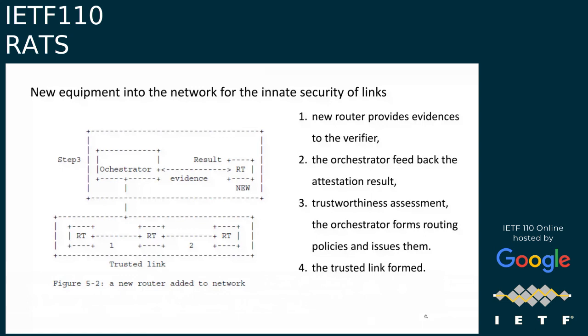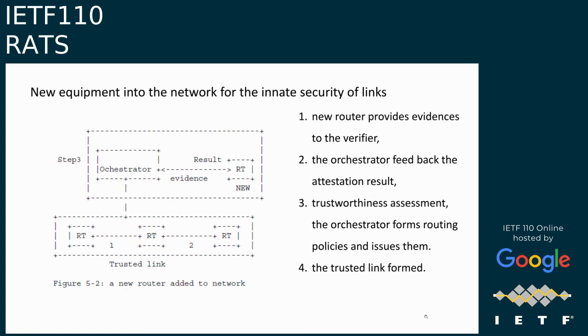For trusted link issues, we considered two specific scenarios. The first is adding a new router to the network and how to form a trusted link, with 4 steps. The first step is that the new router provides evidence to the verifier. Maybe the orchestrator can shoulder the role of verifier.